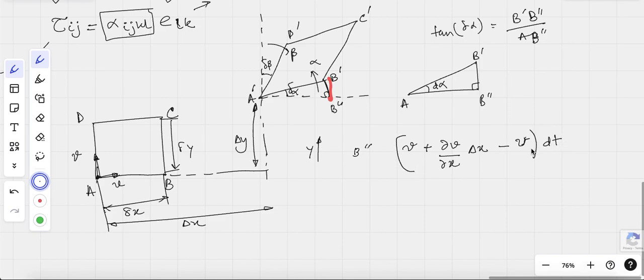Let's say this has moved for a time period of delta t. So this will be b dashed b double dashed, and AB from this figure we know is delta x.